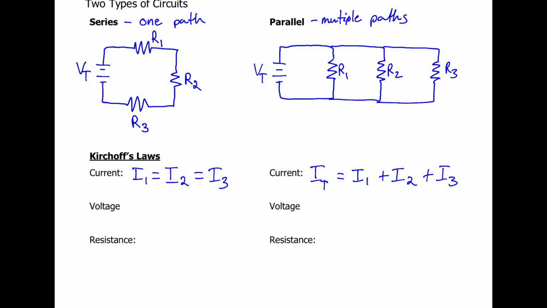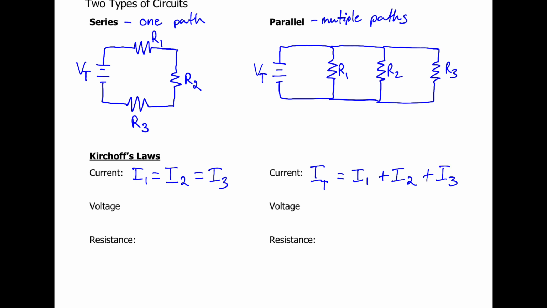So I have to take the current that's in this area plus the current that's in this area plus the current that's in this area, and they all add to the current in this area. So basically all the current that's starting with the battery gets split amongst the different resistors in a parallel circuit. So these 3 resistors share the amount of current that's coming out of this part. That's the main goal there.